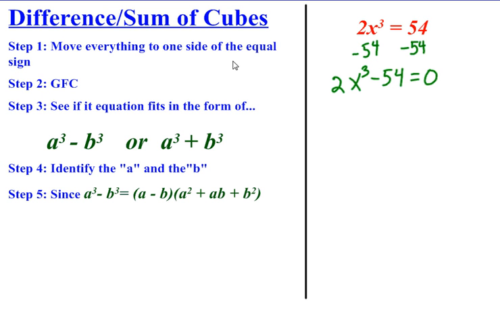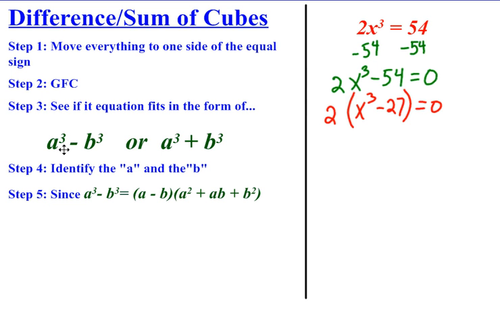Now that we have everything to one side of the equal sign, we would look for a greatest common factor. In this case, the greatest common factor is 2. When I divide everything by 2, I get x cubed minus 27 equals 0.